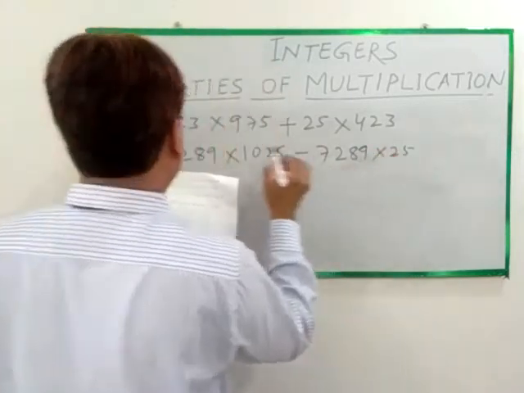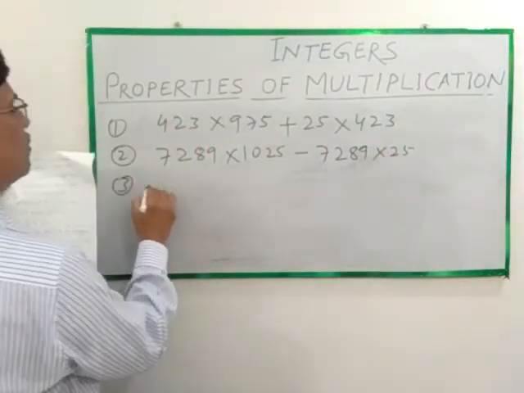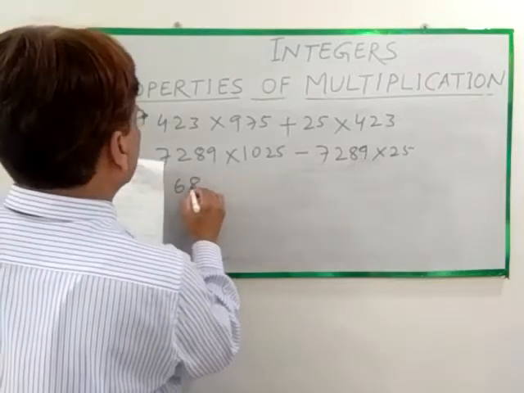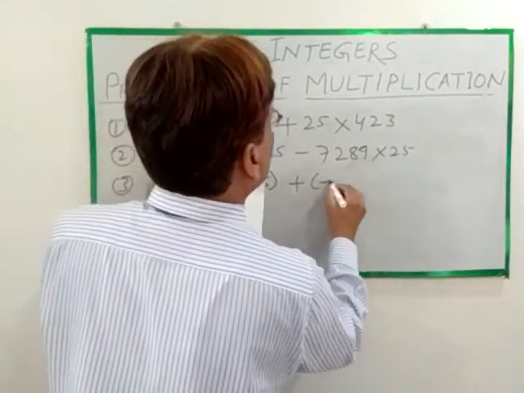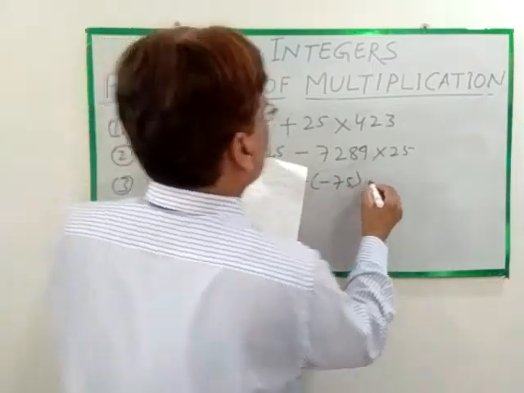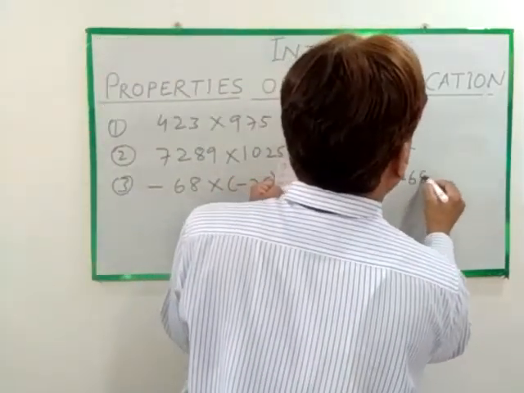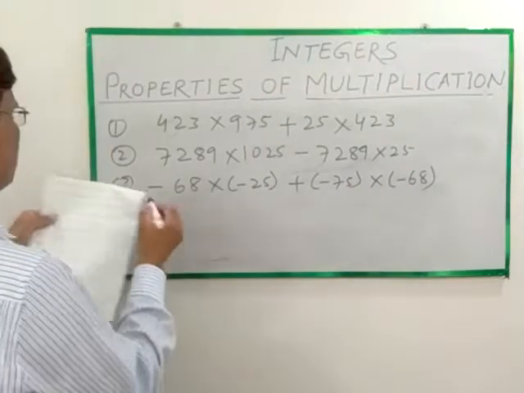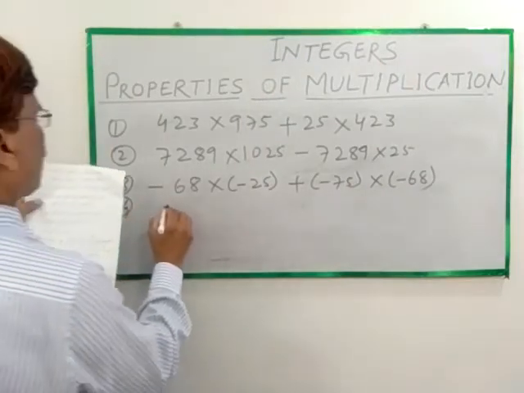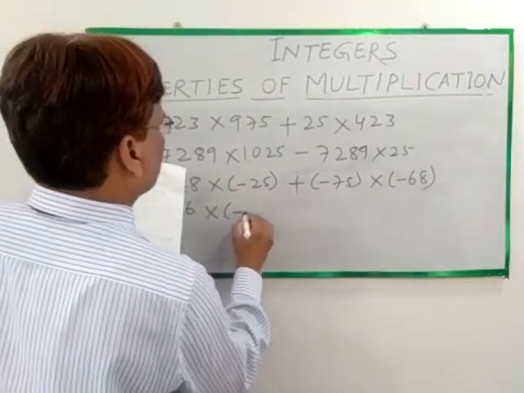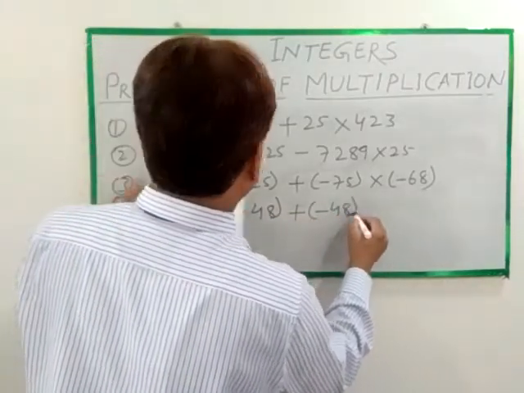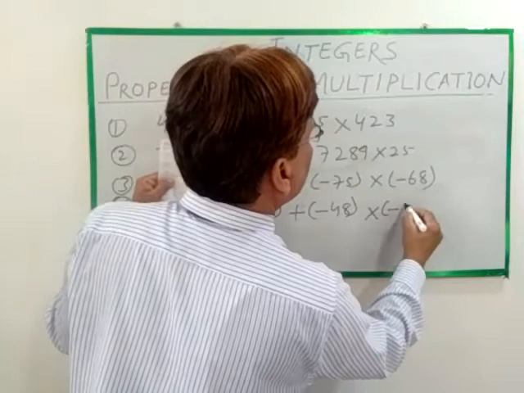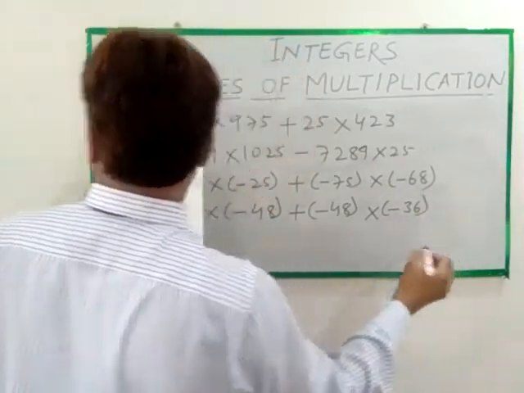Question number third, -68 into -25 plus -75 into -68. Question number 4, 26 into -48 plus -48 into -36.